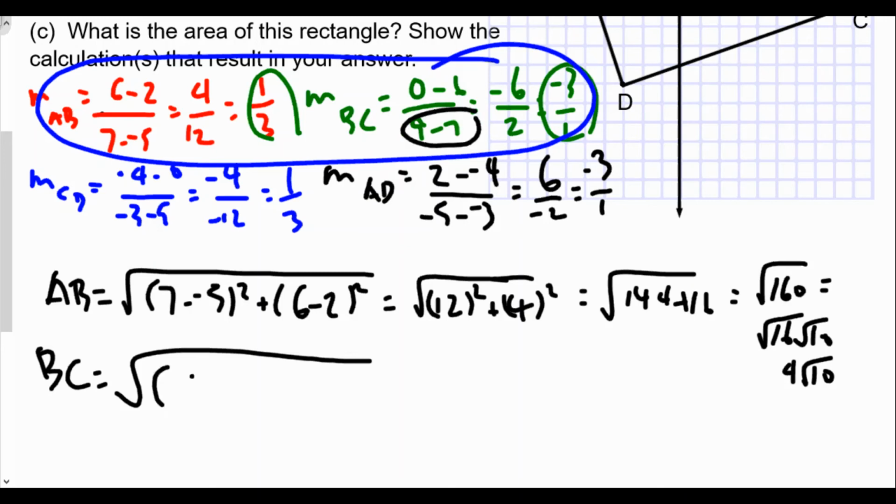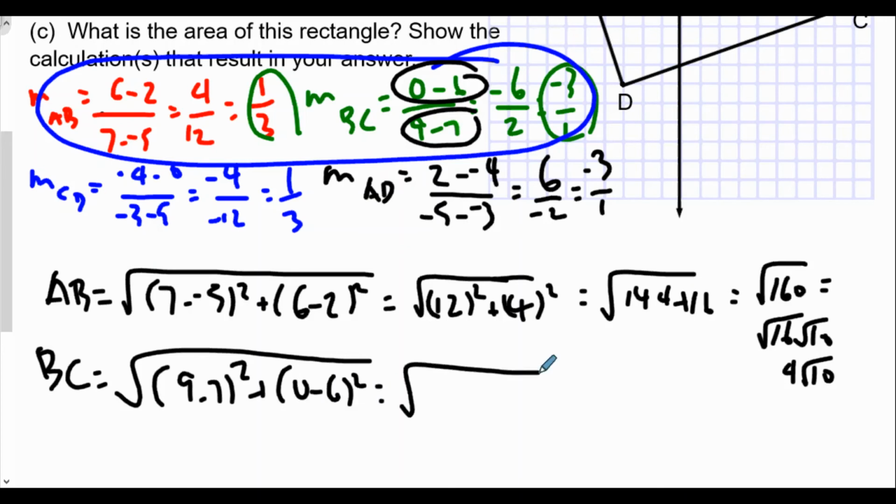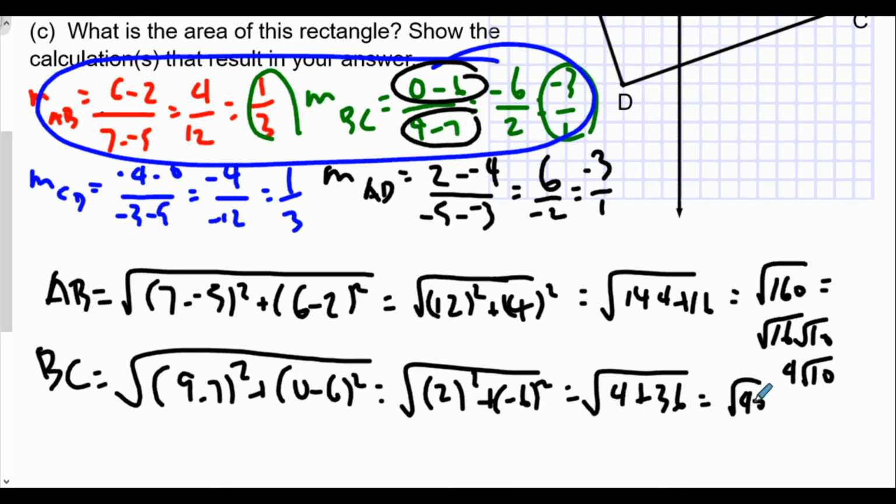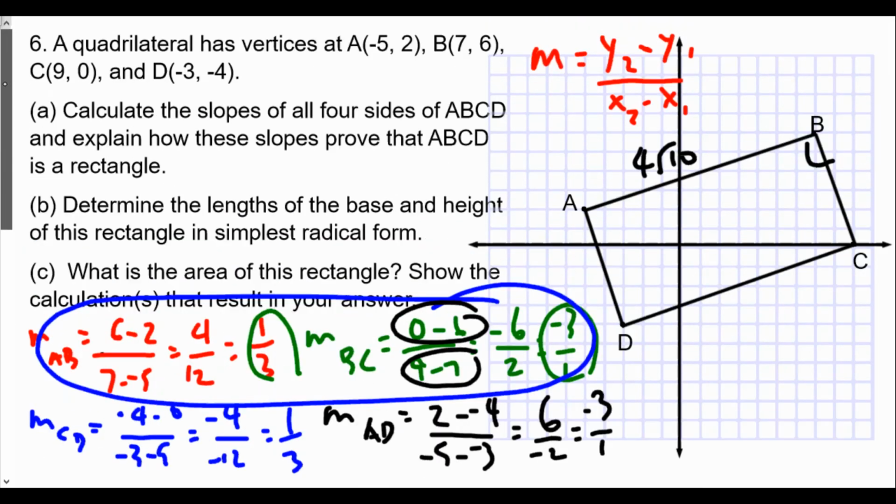So we know in this case 9 minus 7 squared plus 0 minus 6 squared is going to give us 2 squared plus negative 6 squared, which is 4 plus 36, or the square root of 40. And the square root of 40 is the square root of 4 times the square root of 10, which is 2 square root of 10. So our height here will be 2 square root of 10.